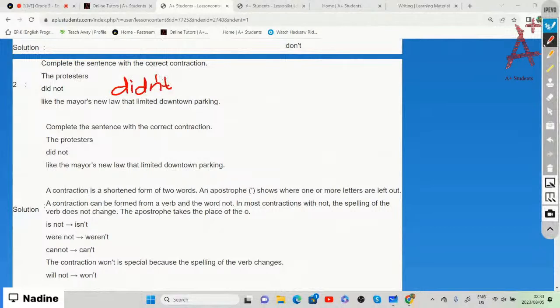So the protesters didn't like the mayor's new law that limited downtown parking. So did not is shortened to didn't, and the apostrophe is also the apostrophe t.